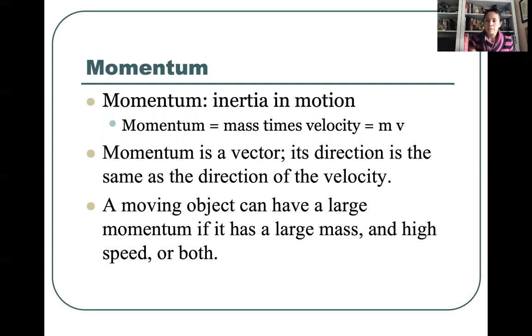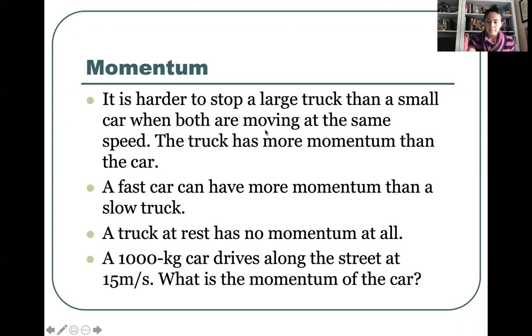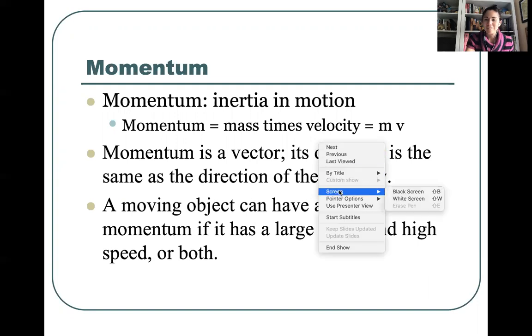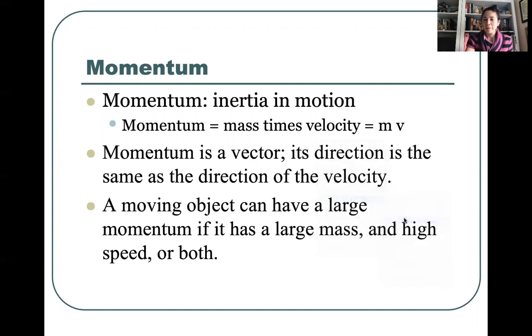And so if you want to look at this in terms of symbols, so again, mass times velocity. I forgot to turn on the pen. All right, here we go. So mass times velocity. All right, so this is what we have over here, mass times velocity. And remember that velocity is a vector quantity. So as it turns out, momentum is also going to be a vector quantity.